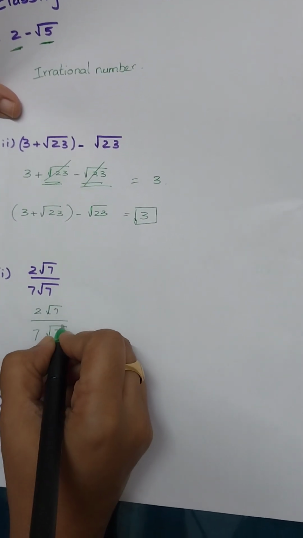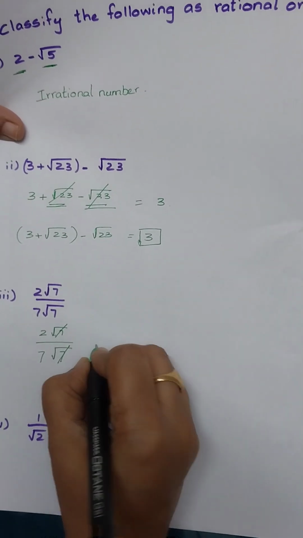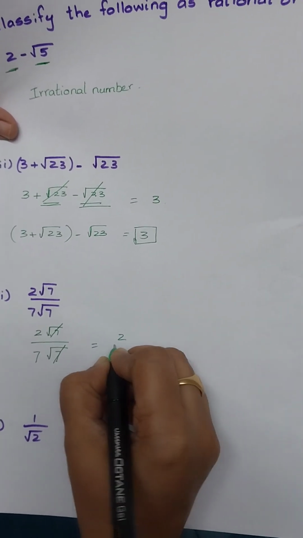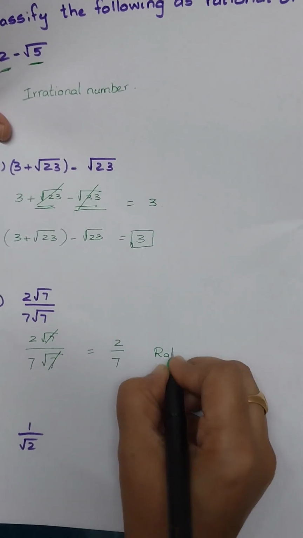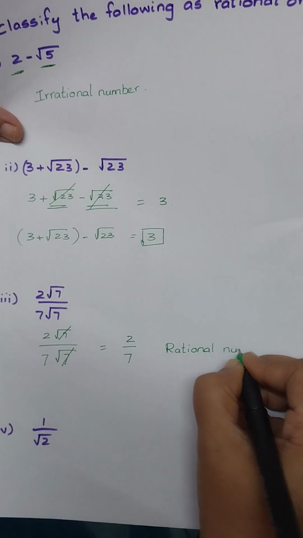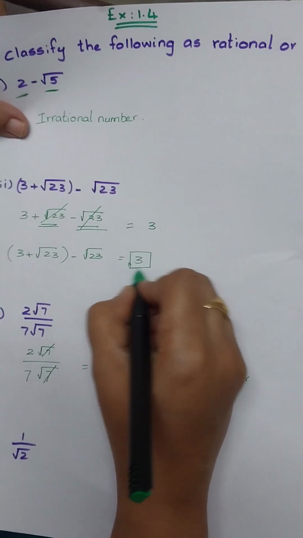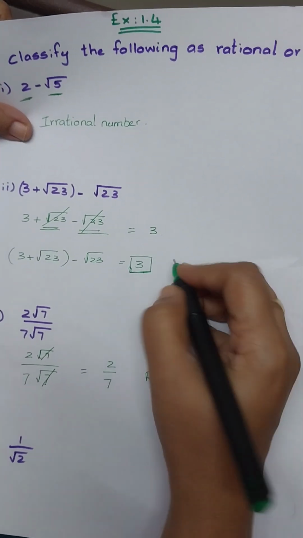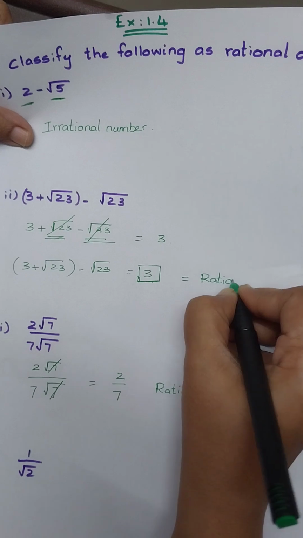So we are going to cancel the denominator and the numerator. So finally what do we get? 2 by 7, which is a rational number. Even in the previous case, 3 is a whole number, right? So this is a rational number.